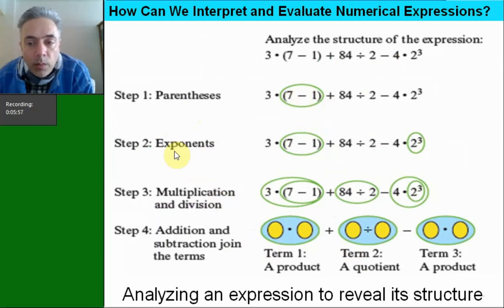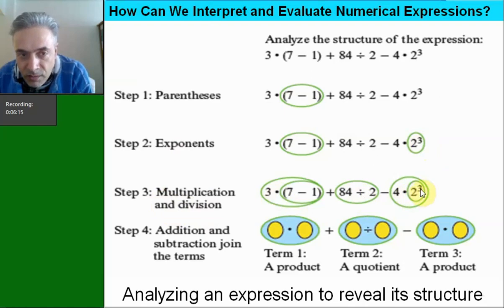The second one would be the exponents. So here's one exponent, 2 elevated to the power of 3. And the third one would be the multiplication and division. So now we're going to do the multiplication: one multiplication here, one division here, another multiplication here between 4 and 2 raised to the power of 3.